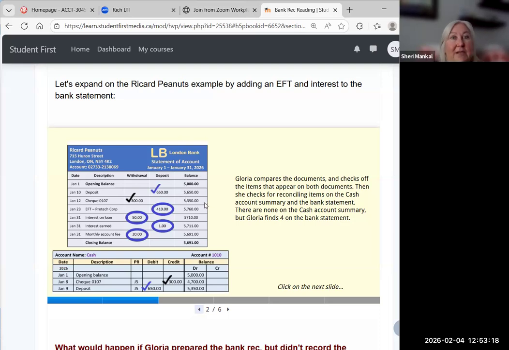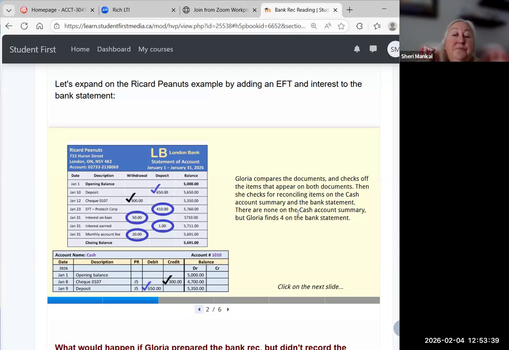Remember, banks might close at 4 o'clock on a Friday. We might be open until 5 o'clock on a Friday. So we could have recorded things on the 31st that the bank has not yet recorded. Those are some of the things that might be outstanding amounts that we have to account for on that next document that I'm going to show you.